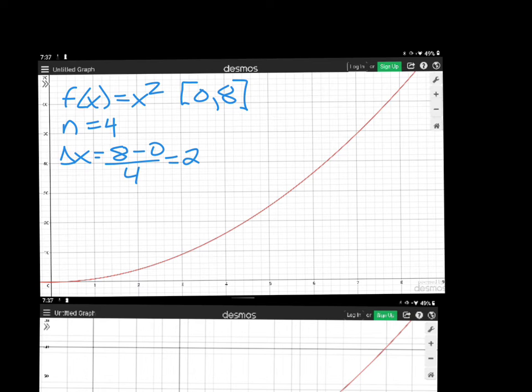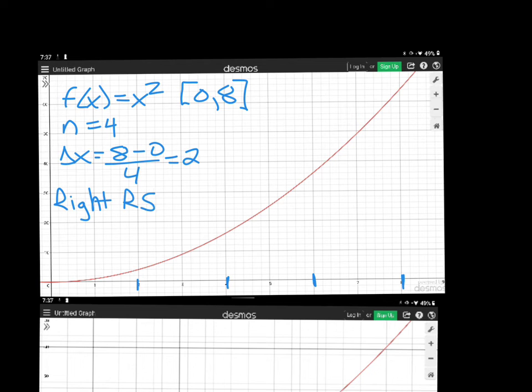So the first one we're going to do is, let's do the right one first, even though I said left a second ago, so you can see it, and then the left one kind of looks a little bit different. So I think it's easier to start with this. So here's our subintervals, and we're going to do the right Riemann sum.